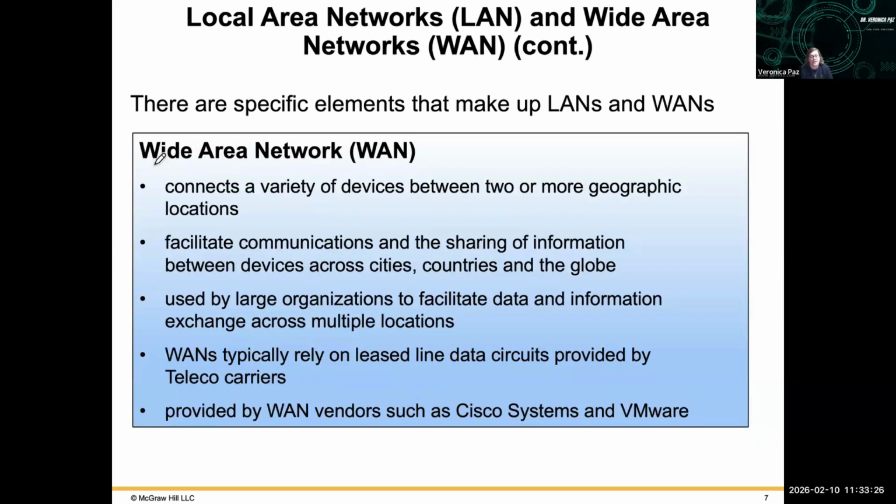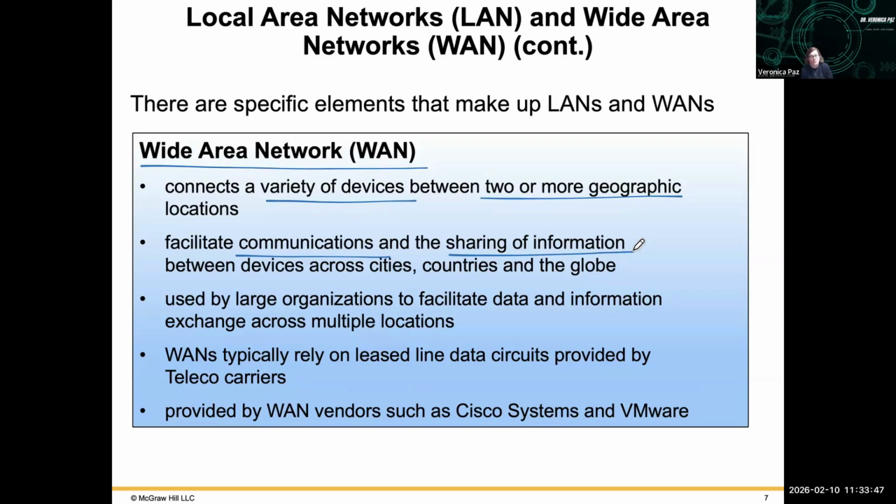Now we have wide area networks, or WAN. Same thing, we can put in a bunch of devices, but this time we might have it over two or more geographic locations. And the whole purpose here is to facilitate communications and share information across devices, maybe across cities, maybe across countries.